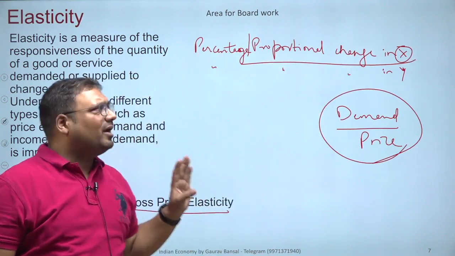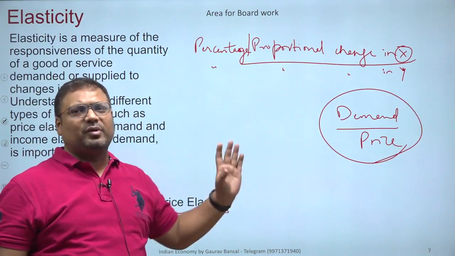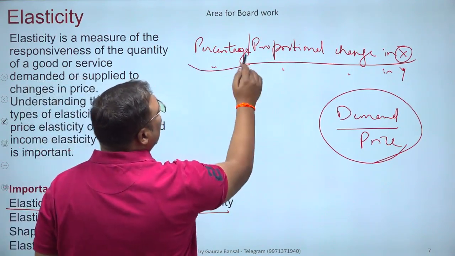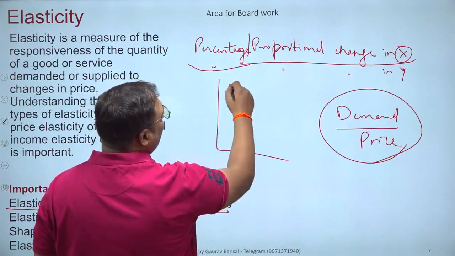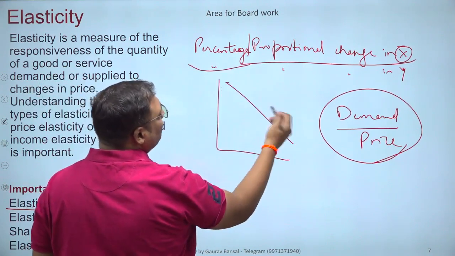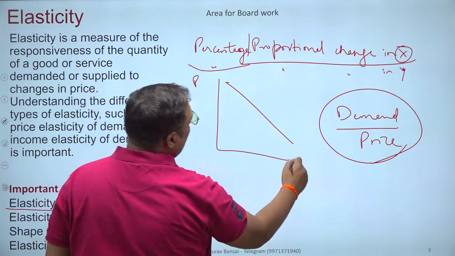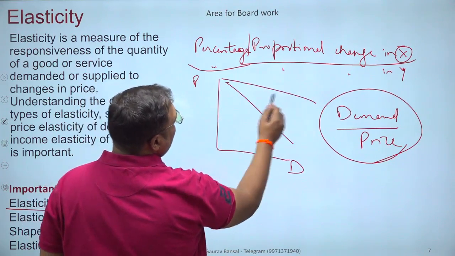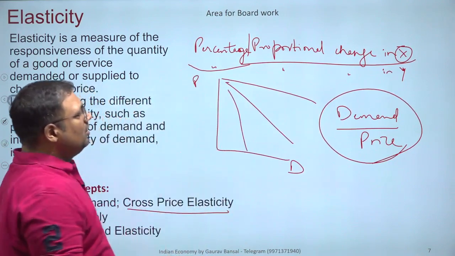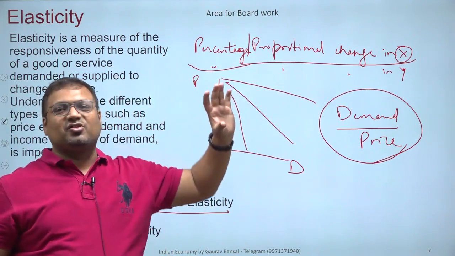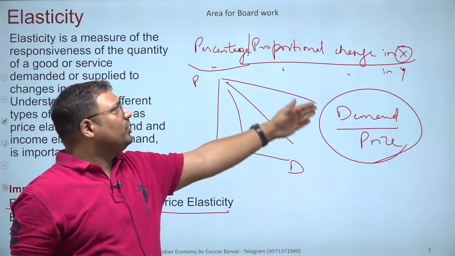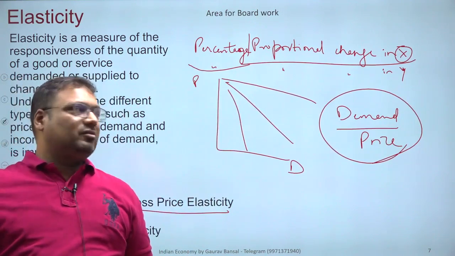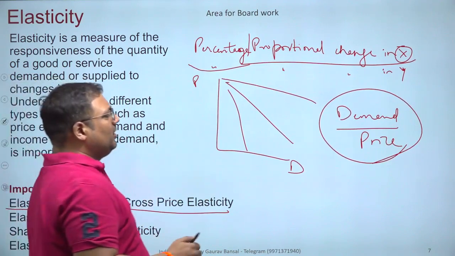I will not spend time here, I will spend more time on specific PT questions. So what is the role of elasticity? In the demand curve I said the relationship is negative between price and demand. But how do I know the curve is like this or like this? What tells me the curvature, the slope? The slope is defined by the elasticity. That is a great utility of elasticity.